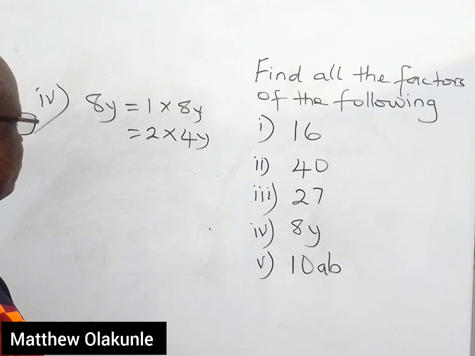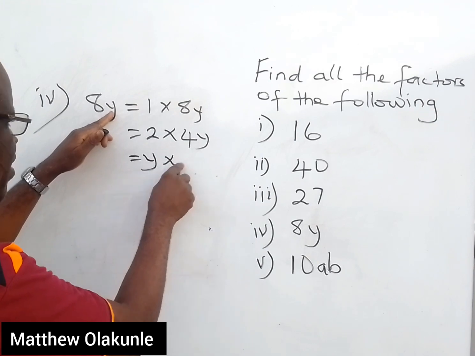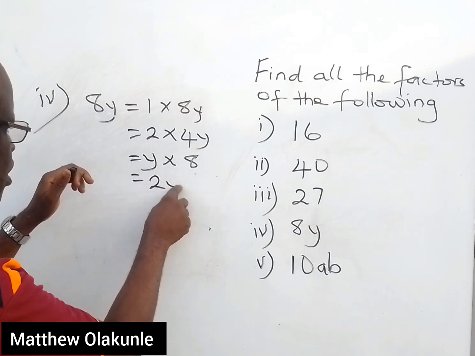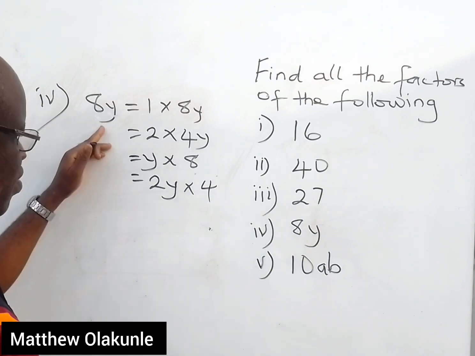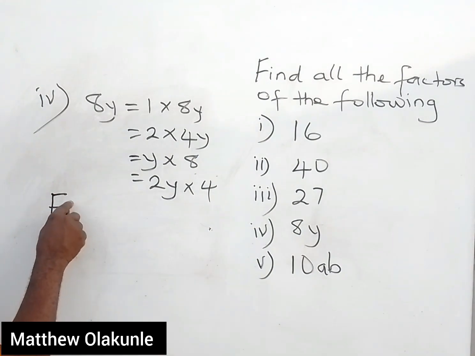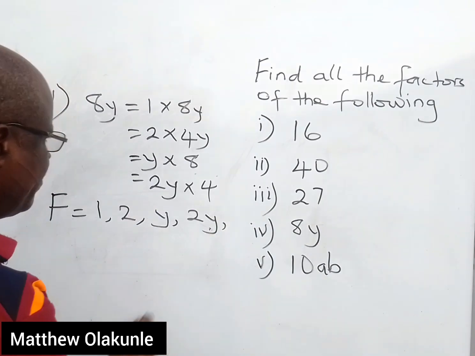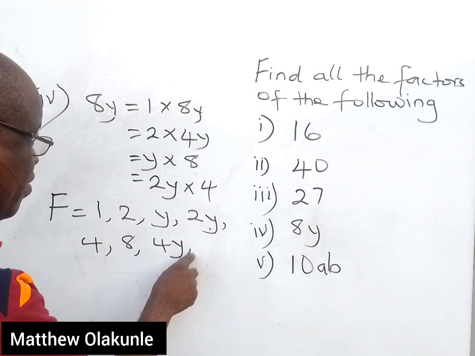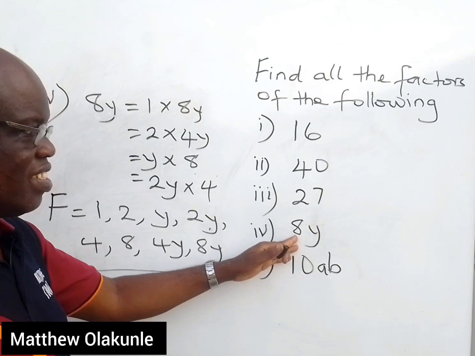Now you are through with this. Then you start with y. y times 8 is 8y. Then 2y. 2y times 4 is 8y. So you copy all these down as the factors of 8y. So you have 1, 2, y, 2y. Then you have 4, 8, 4y, 8y. So all these are factors of 8y.